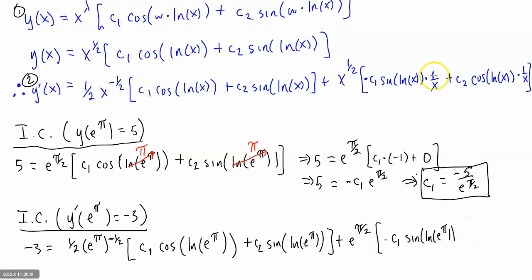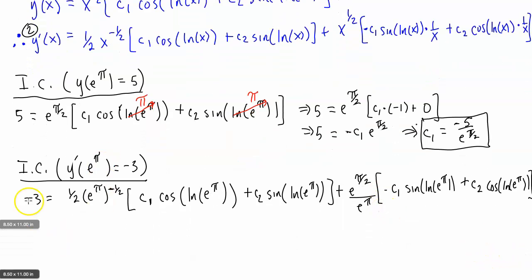And here, since both of these have a 1/x to it, I'm just going to divide by x, and of course x is still e raised to the pi. So it's going to make life a little easier there. Plus C2 cosine of natural log of e raised to the pi. Okay.